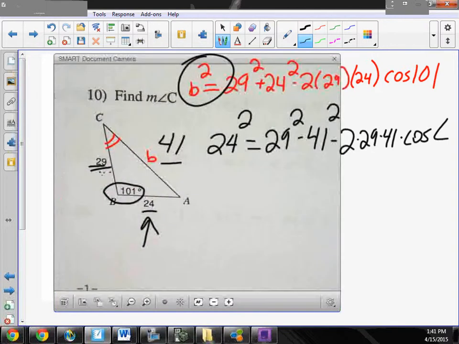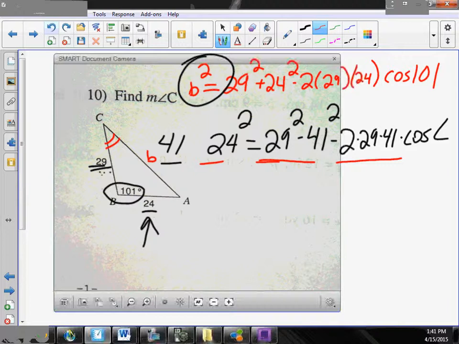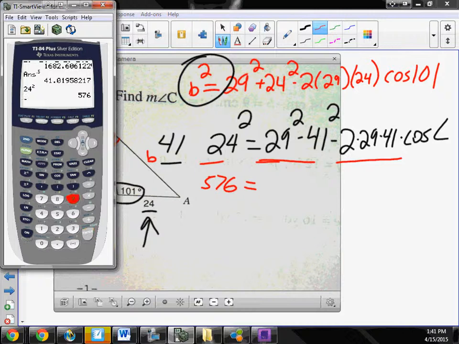Now, we need to figure out what these three groups of numbers are. Oops. This one and that one. So 24 squared is 576 equals 29 squared minus 41 squared. Oh, it's not.